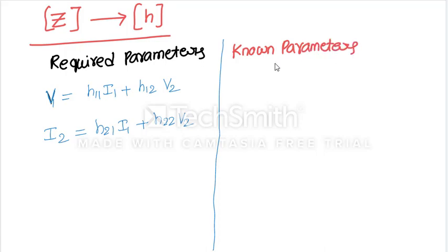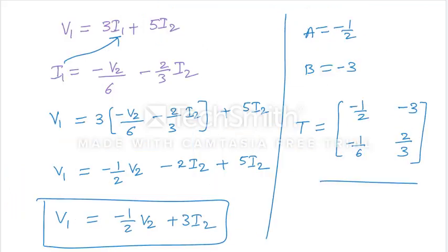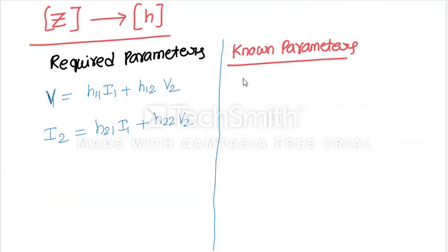We know the known parameters, the z parameters, now. The z parameter equations: V1 is equal to 3I1 plus 5I2.